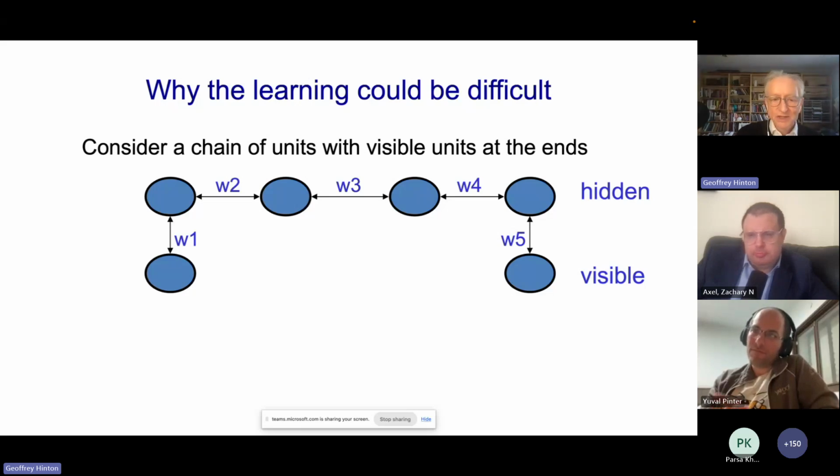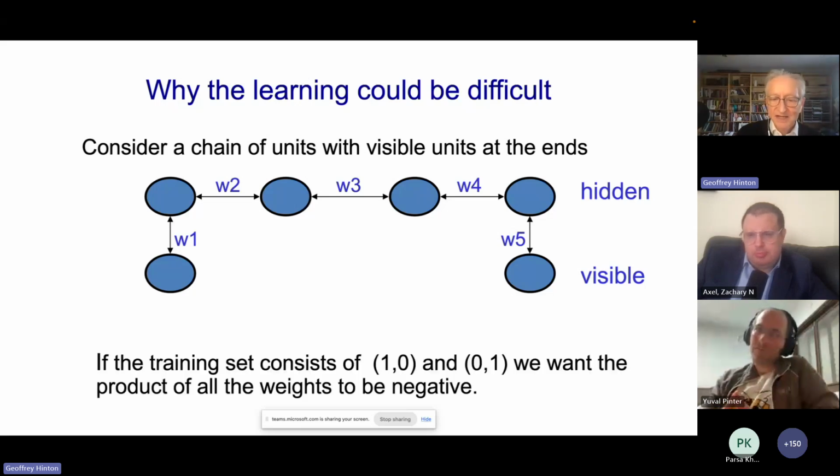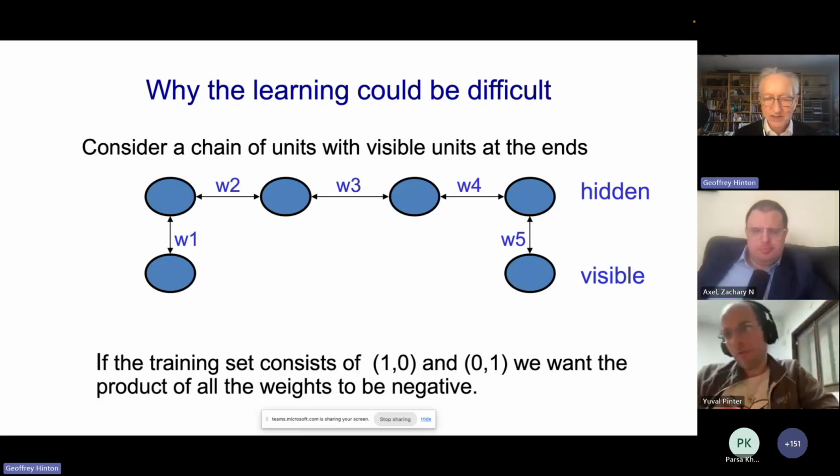So suppose I have training data that says that this network with 2 visible units should frequently have 1, 0 as the state of the visible units, and frequently have 0, 1, but only very rarely have 0, 0 or 1, 1.